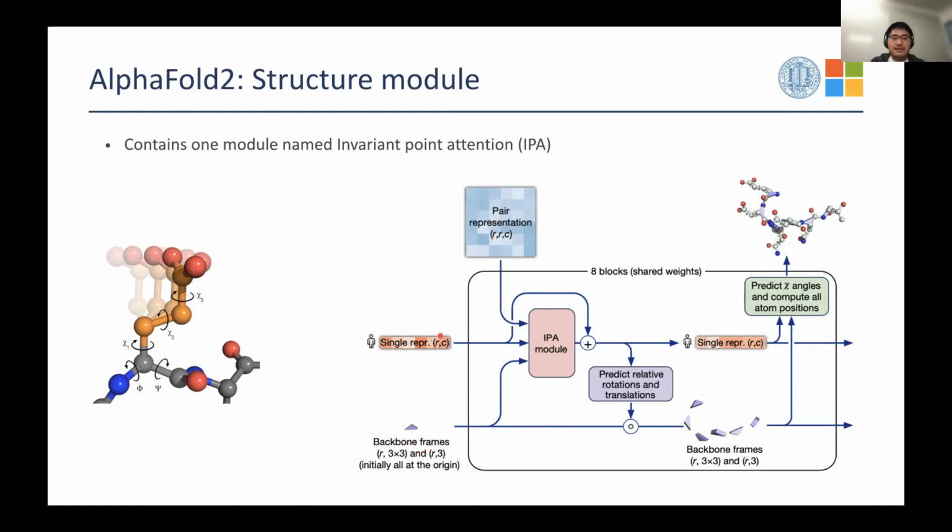The input will be the single representation R by C, which in the inference stage will be the target prediction for the protein, and the pair representation R by R by C learned from the previous module, and the backbone frames, R3x3 and R3, the rotation and translation, served as the input. The output will also predict angles for all the side residues and the backbone frames, after being processed by the IPA module with a certain design of attention.